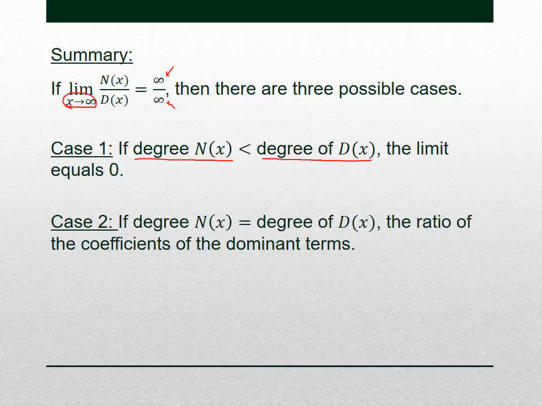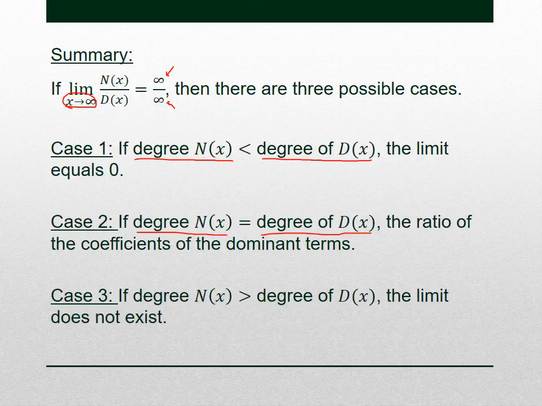If the highest degree in the numerator is the same as the highest degree in the denominator, then the limit is the ratio of those coefficients in the dominant terms. If the degree of the numerator is greater than the degree of the denominator, so the top is bigger, then the limit does not exist.